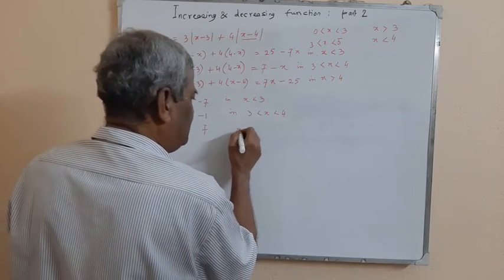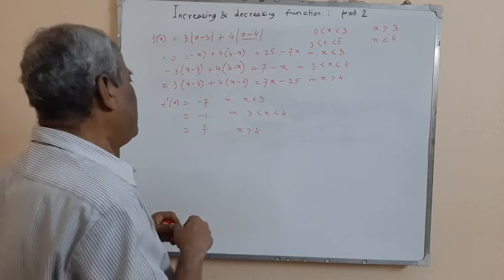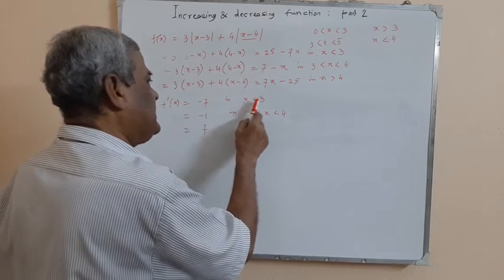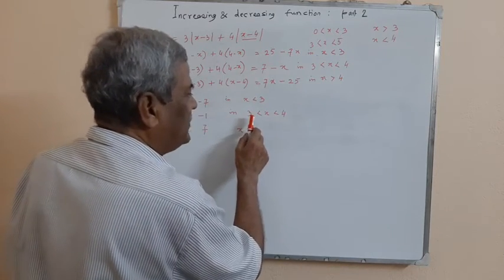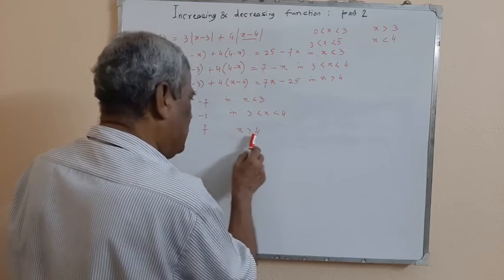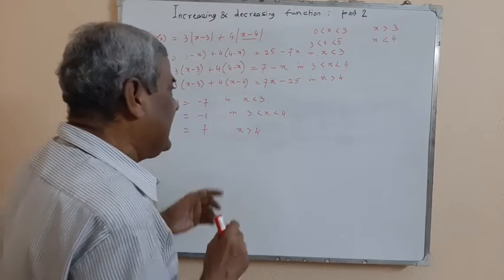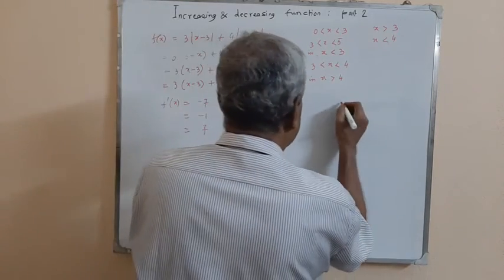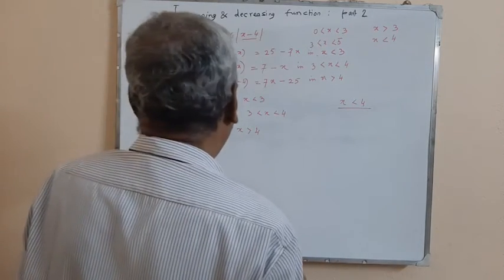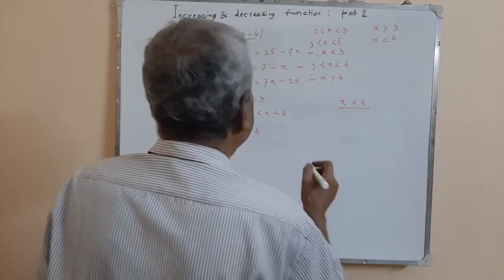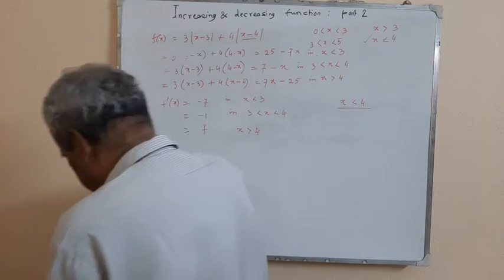So we see that the derivative of the function is negative when x is less than 3, and it is again negative in the range 3 to 4, and positive is over there. So f dash x is negative when x is less than 4. Therefore, the function decreases in the interval when x is less than 4. Fourth option is correct.